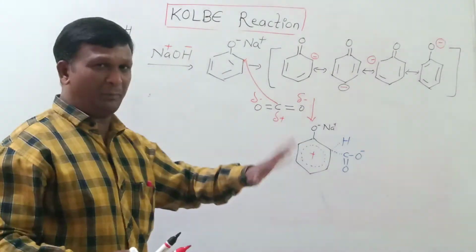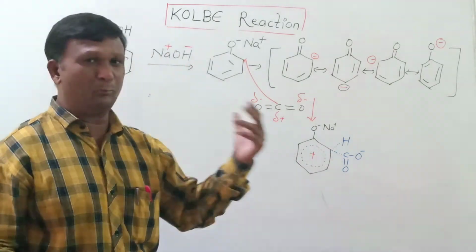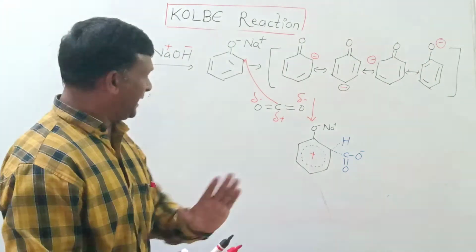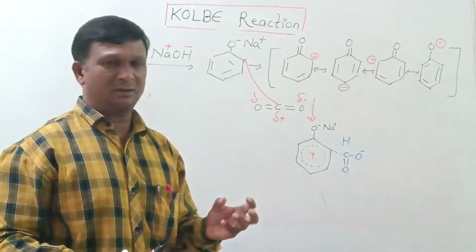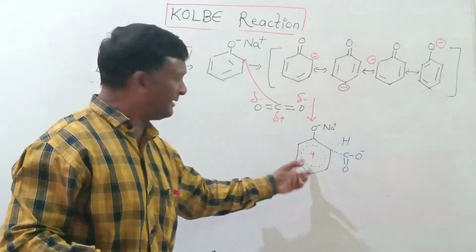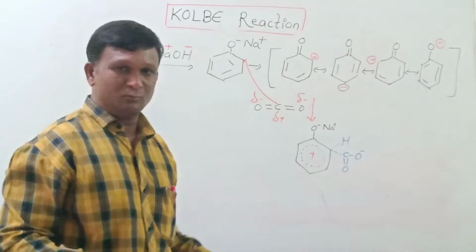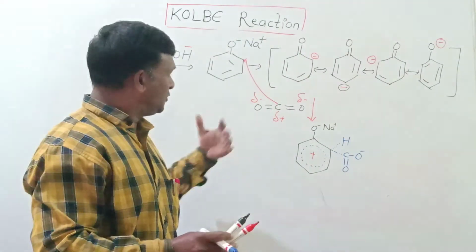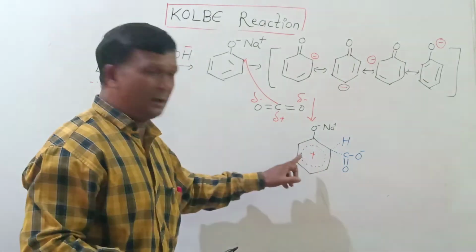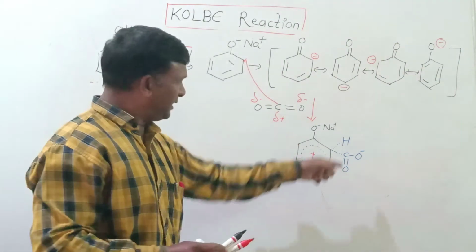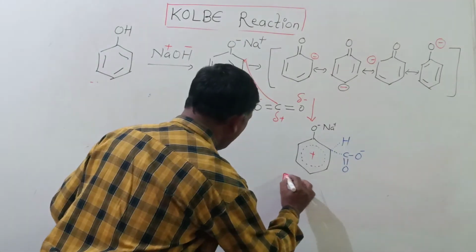When this bond formation is partially taking place, the bond between carbon and hydrogen is partially broken down. During this time, the aromaticity of the benzene ring is somewhat, or to a lesser extent, disturbed. That's why it is shown by these dotted lines. And though benzene is sharing its electron with carbon dioxide, it will acquire a positive charge. So this species where there is a positive charge on benzene is called a benzenonium ion.